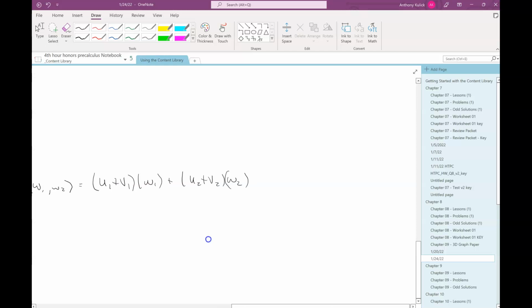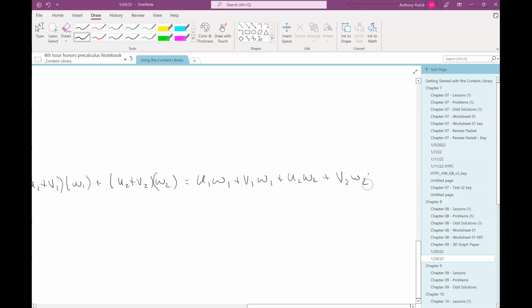Now everything here is a real number, so I can go ahead and use the distributive property for real numbers. So far, so good.